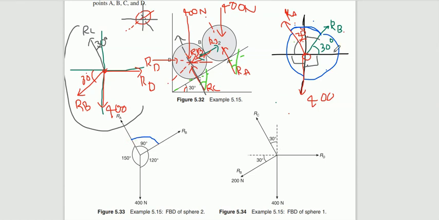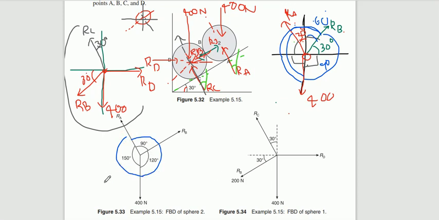See here, this is 30, therefore this angle is 60. From here to here, this is 60, so total 60 plus 30 is 90. From here to here this is 90, and 90 plus 30 is 120. And here this is 90, this is 90 and this is 60, so 90 plus 60 is 150.